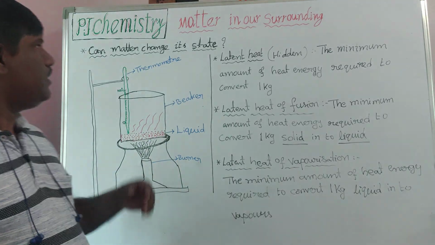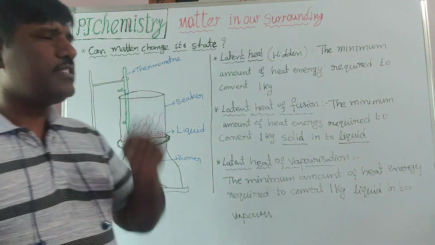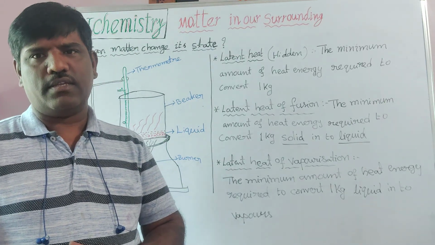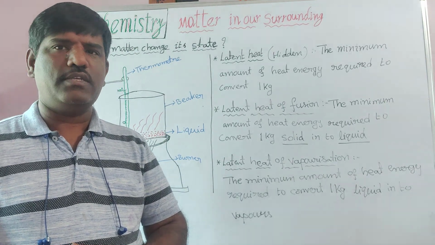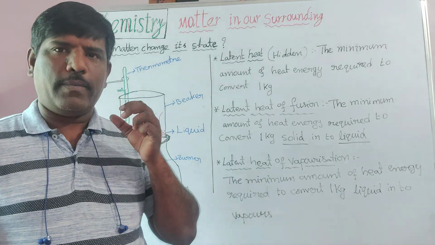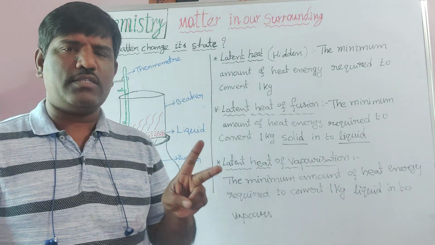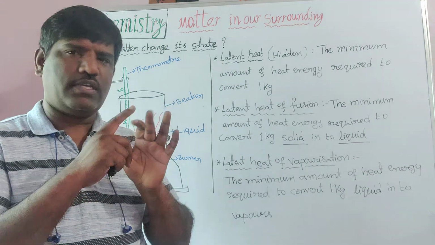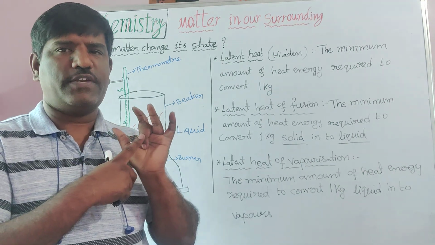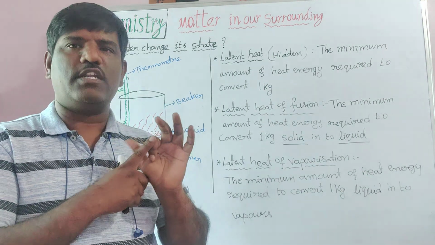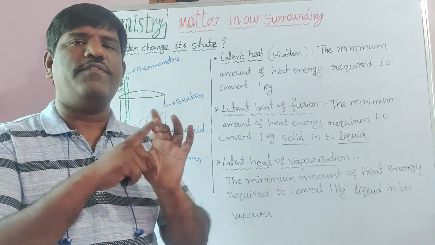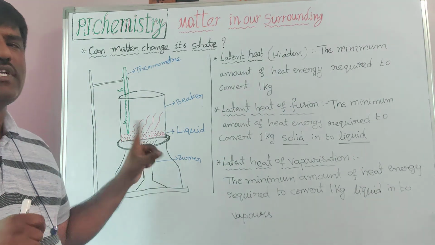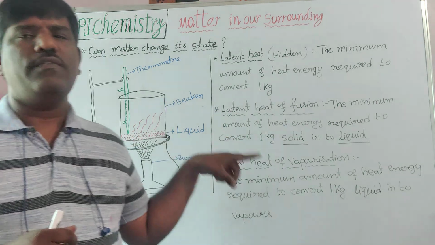Can matter change its state? Yes, it can change based on two factors. One is temperature factor, second one is pressure factor. Effects of temperature: solid converted to liquid, liquid converted to vapors.